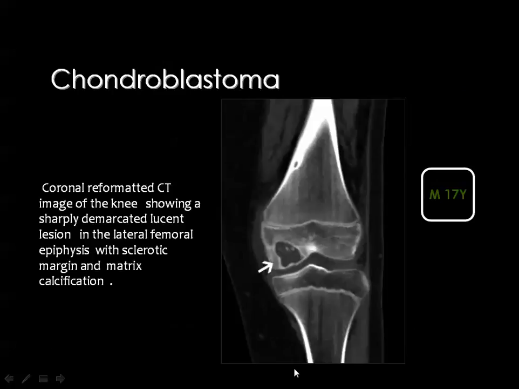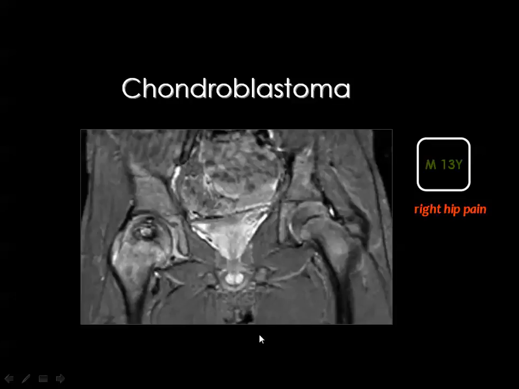This is a chondroblastoma. And this is a classic appearance of chondroblastoma, an epiphyseal pathology showing a sclerotic margin, and you can appreciate the matrix calcification. And whenever these lesions are examined by MRI, you may have some difficulties in appreciating the nature of the lesion, but remember, epiphyseal pathology is suggestive of chondroblastoma.